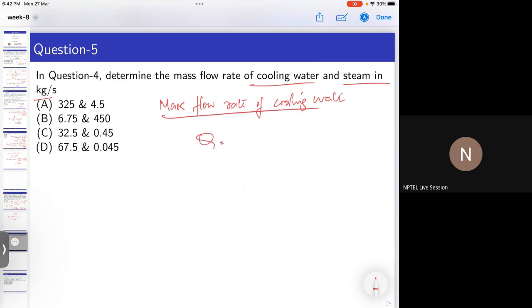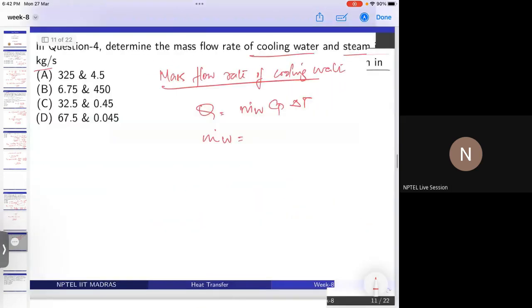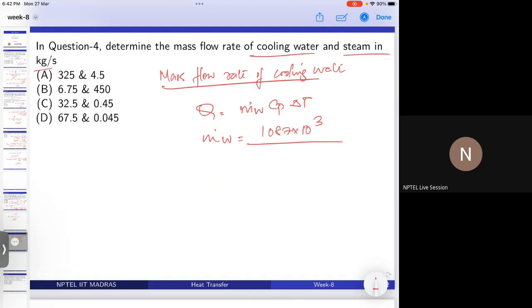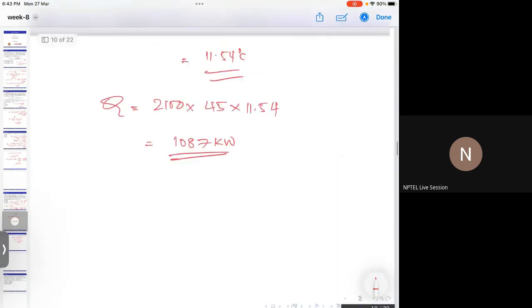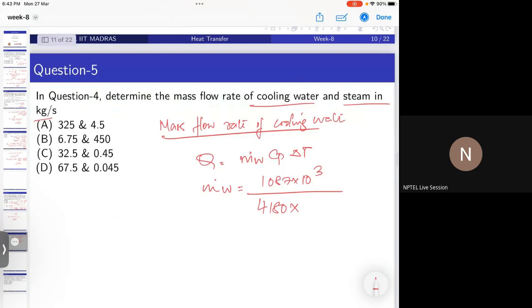Q is equal to m dot w Cp delta T. So m dot w is equal to Q, which is 1087, divided by Cp, you can take 4180, into delta T, which is 22 minus 14, which is 8. Can you find this answer? 32.5. Yeah.